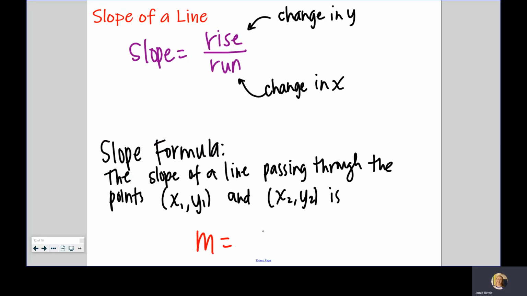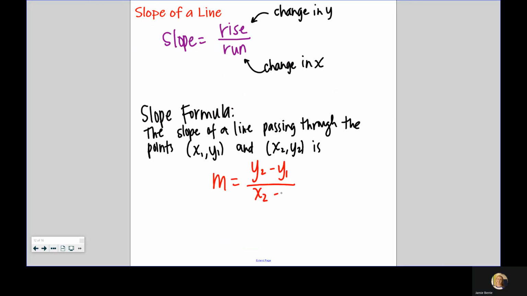We always use little m to define the slope. So it's y2 minus y1 over x2 minus x1. So that's the slope formula.